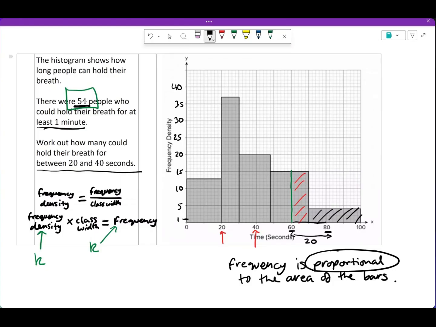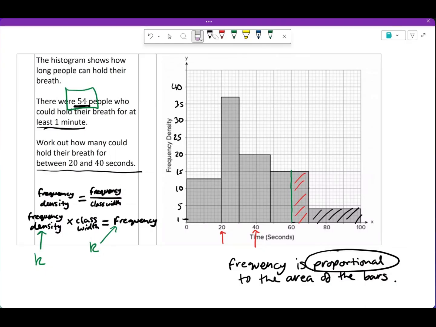So once again, the frequency will still be proportional to the area. So I'm going to treat every little box to the right as 1 as well. So essentially, when I'm calculating the area of my bars, if we're treating 1 to the right as 1 and 1 up as 1, we're just working out how many little squares are in that shaded region. So let's go through and calculate how many little squares I have in there then.